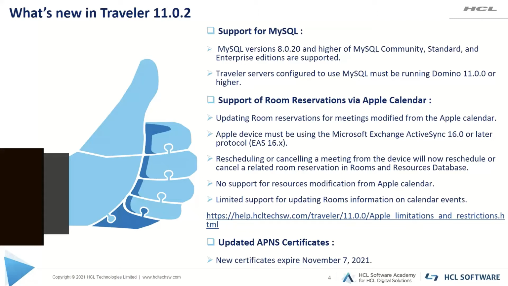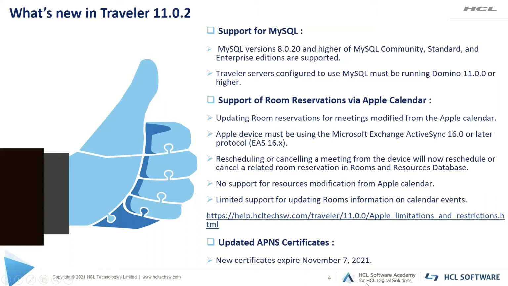In order for this feature to work, the device must be using Exchange ActiveSync version 16.0 or later protocol. However, there is limited support for updating room information on a calendar event. No support for resources yet. You can refer to the Apple limitations and restrictions section in the product documentation mentioned on this slide.